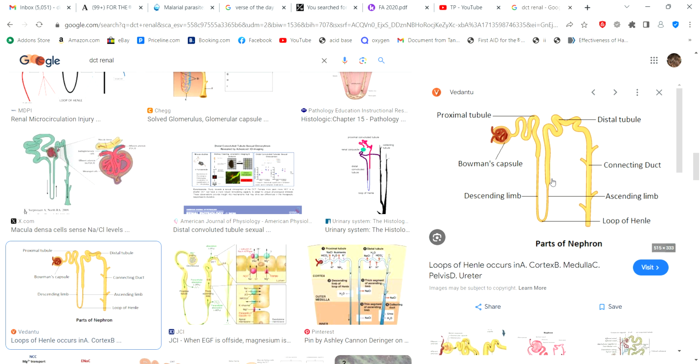The ascending limb of loop of Henle and DCT contain the most dilute fluid in the renal system in the presence of ADH. DCT and thick ascending limb of loop of Henle.